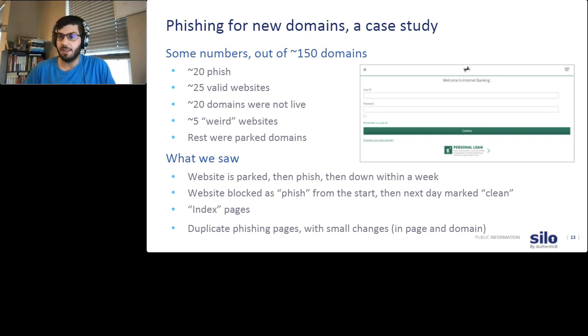But then the following day or 2 days later, that website was marked clean. But when we looked at that website, it was still clearly a phishing website. We saw a couple duplicate websites, basically the same name with different banks, the same web layouts with just different colors, different logos, etc.